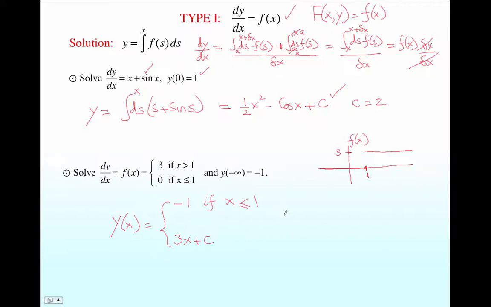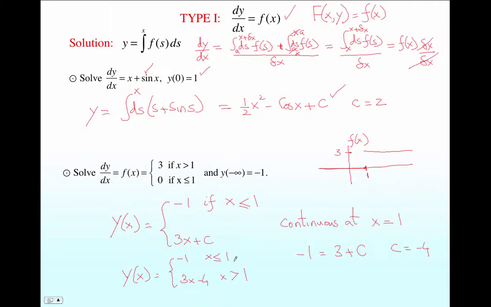Now if we require that y of x be continuous at x equal to 1, then we must have minus 1 equal to 3 plus c, which means c is equal to minus 4. So the solution, when all is said and done, is minus 1 for values of x less than or equal to 1, and it is 3x minus 4 if x is greater than 1.